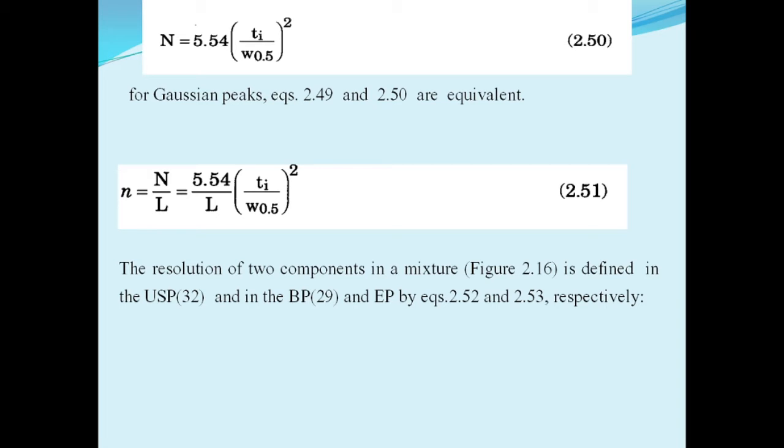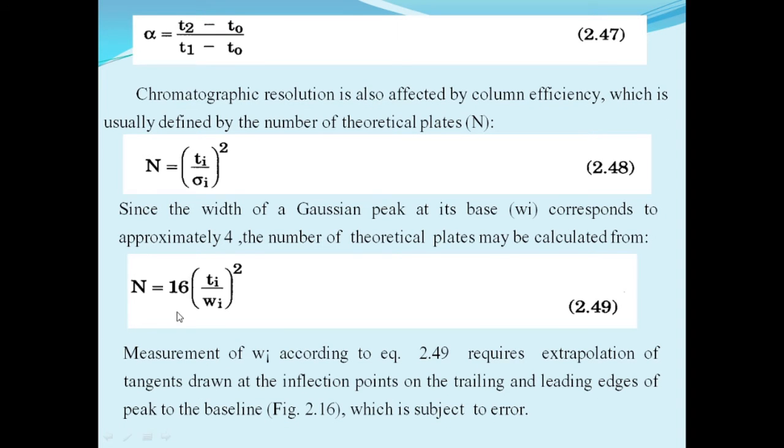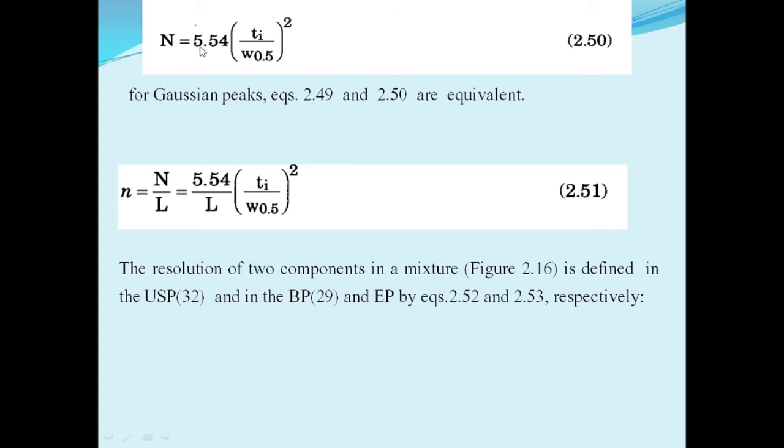These equations 2.49 and 2.50, that is N is equal to 16 into Ti upon Wi square and N is equal to 5.54 into Ti upon width at half peak height W0.5 square, are the definitions of column efficiency preferred by the United States Pharmacopoeia.